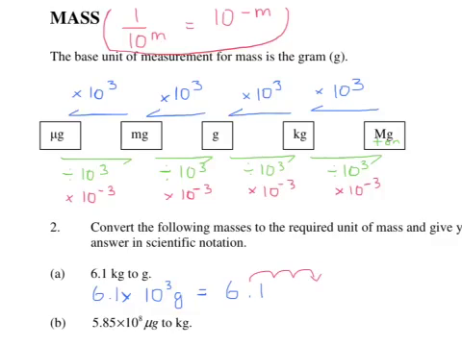So it goes from that position to that position, and what hasn't got a digit in it becomes a 0, and that is now grams. So 6.1 by 10 to the power 3 grams in scientific notation, 6,100 grams as a conventional number.